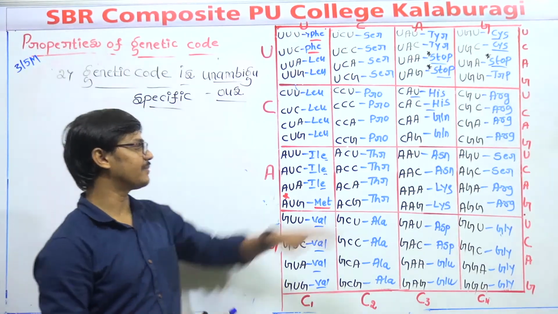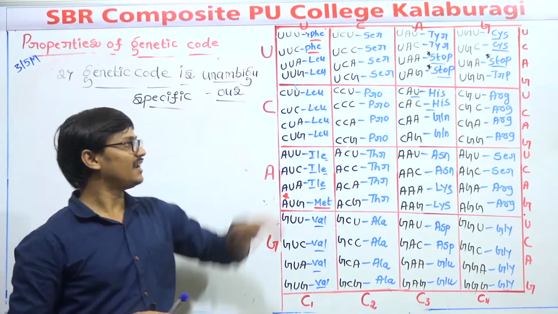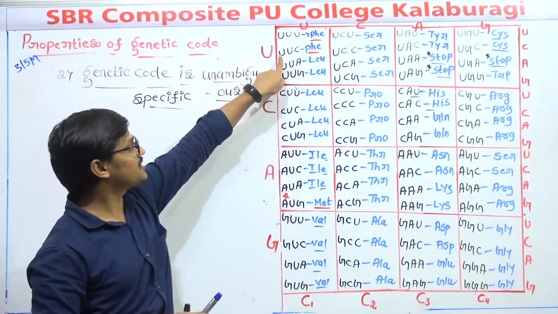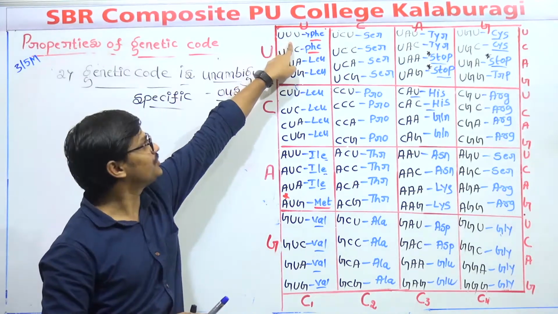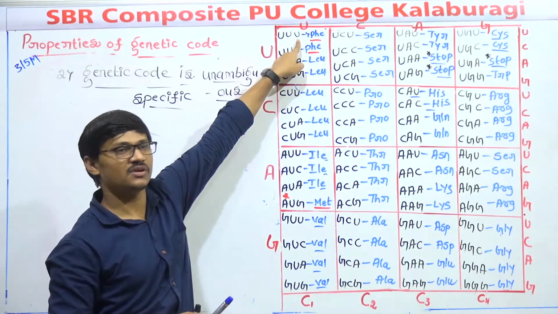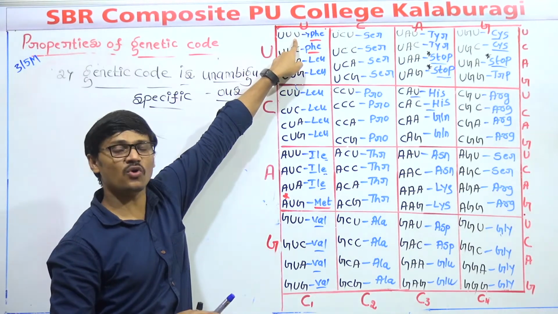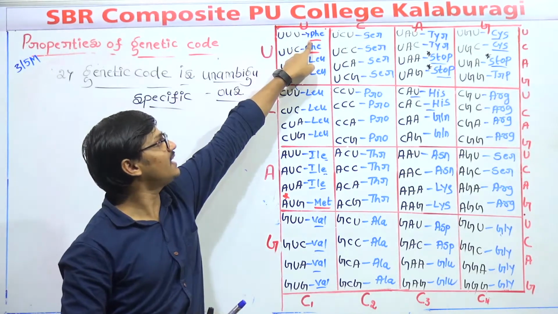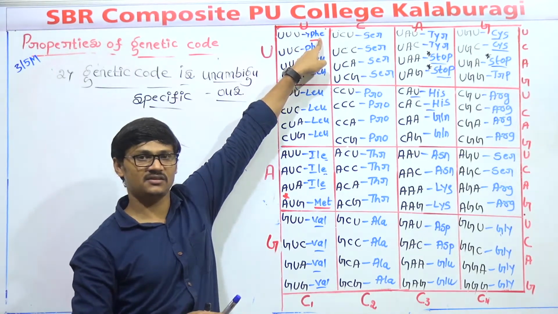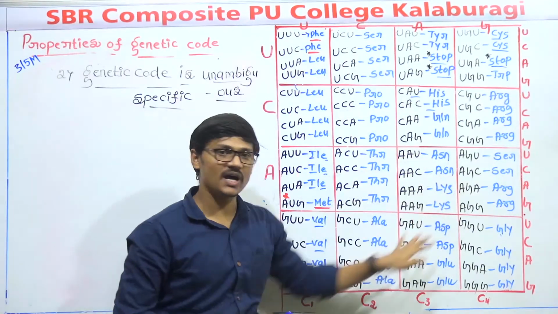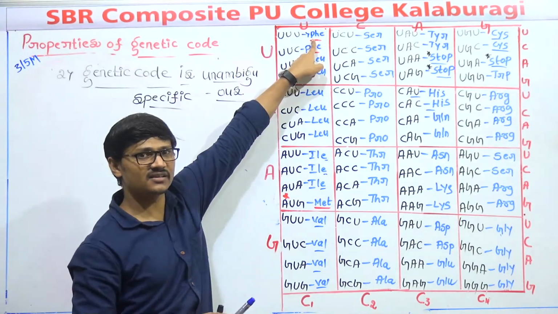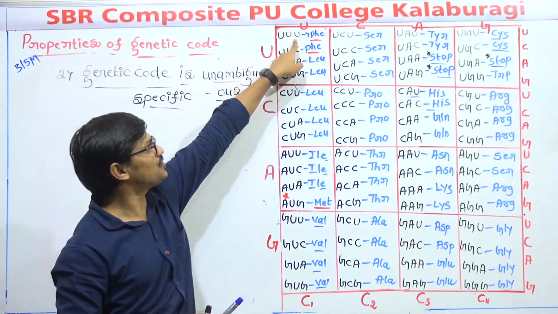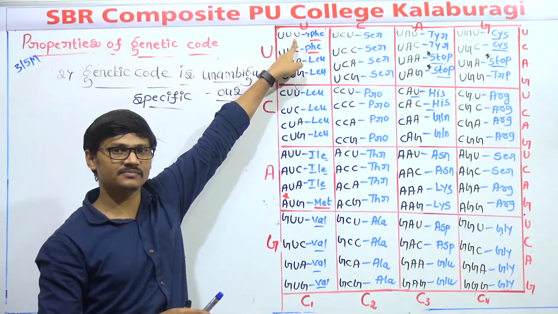You see this table. In this table, you see any one codon. We will take this codon only, U. This is U. Code for which amino acid? Phenylalanine. And just go through this table and find out whether in addition to phenylalanine, this U codes for any other amino acid.